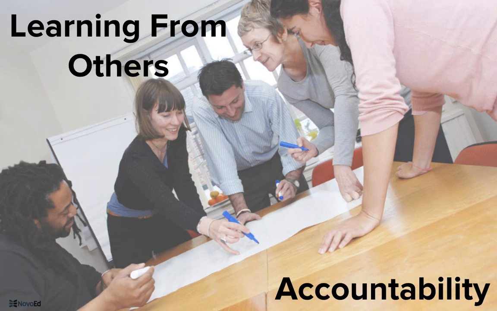But when you are working with other members in a team, if you feel the responsibility to complete a certain aspect of a project for someone else and not just for yourself, you're going to be a lot more likely to complete it. That accountability really enables teams to push the boundaries of what can be effective and how much people can put into different teamwork. So how do teams actually work and look in an online environment like NovoEd?